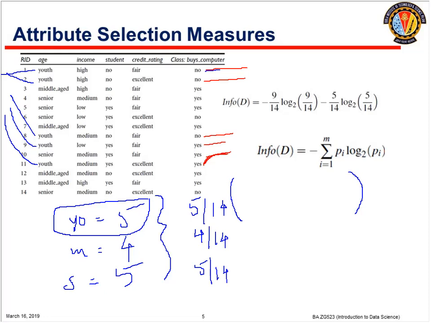So again you apply the same formula, minus p log p. Remember, now you are looking only at the 5 examples. Minus 3 by 5 log 3 by 5, minus 2 by 5 log 2 by 5. You are using base 2 log here. Remember, it's not base 10.